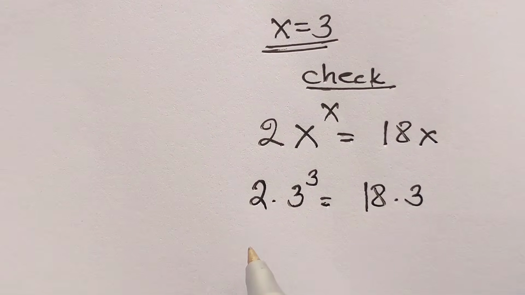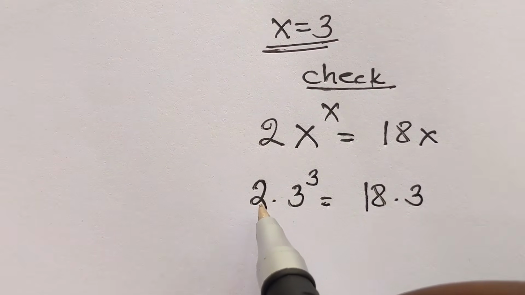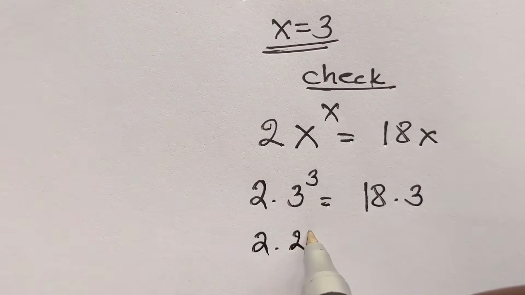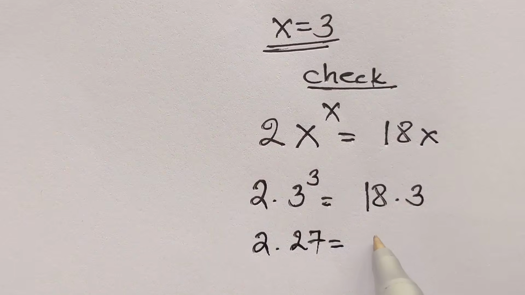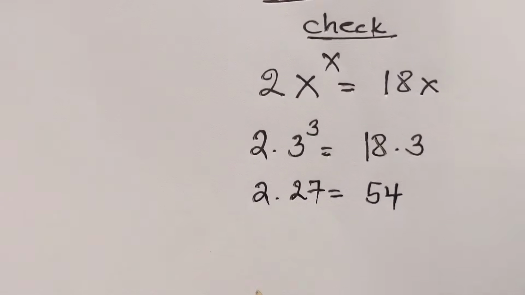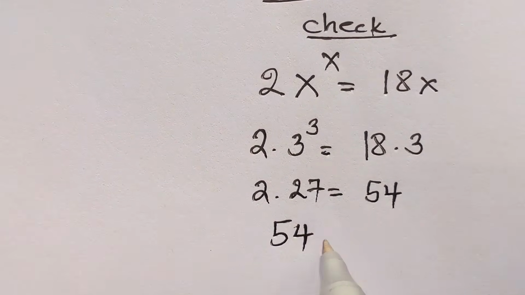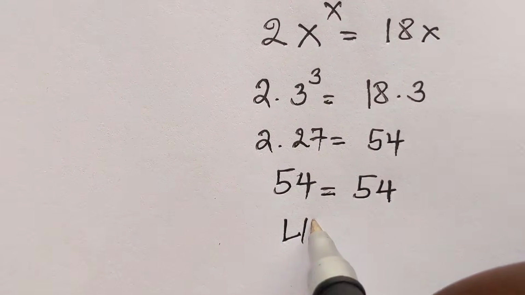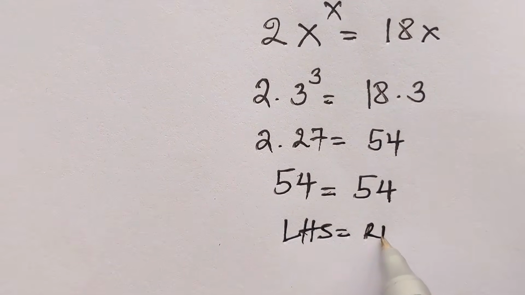So what we have right here is 2 times 3^3 is equal to 2 times 27 equals 54, so this is 54, which equals 54. Left hand side equals right hand side.